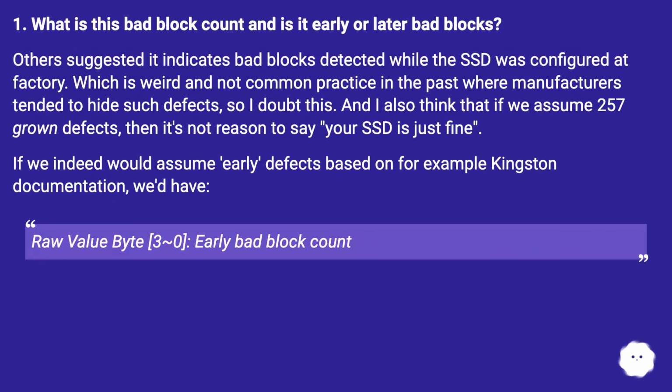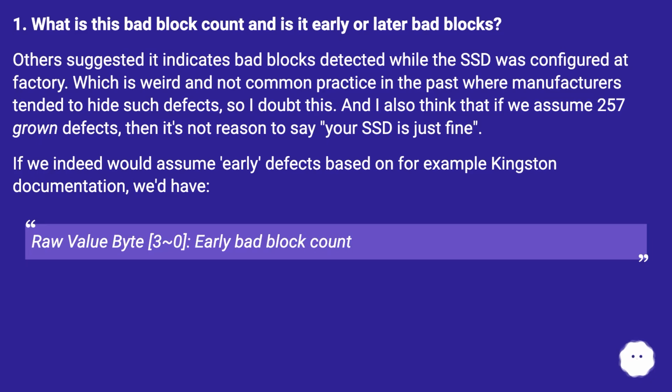One, what is this bad block count, and is it early or later bad blocks? Others suggested it indicates bad blocks detected while the SSD was configured at the factory, which is weird and not common practice in the past, where manufacturers tended to hide such defects, so I doubt this. And I also think that if we assume 257 grown defects, then it's not reason to say your SSD is just fine.